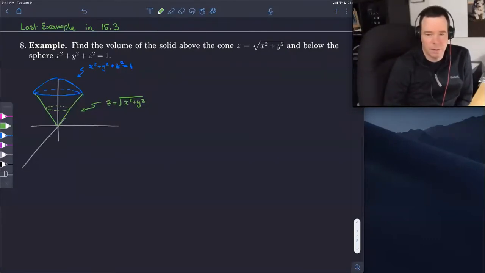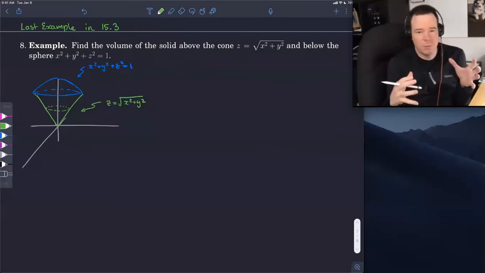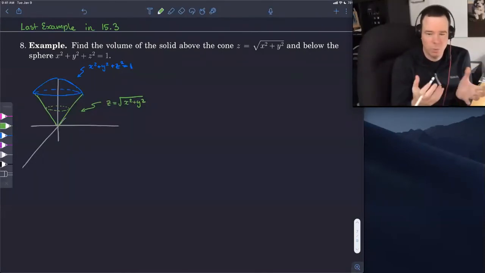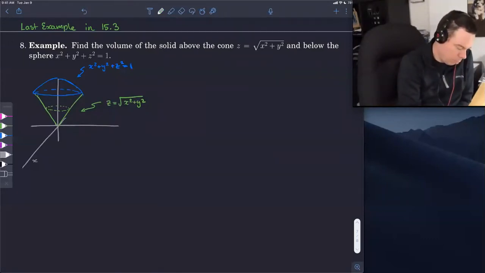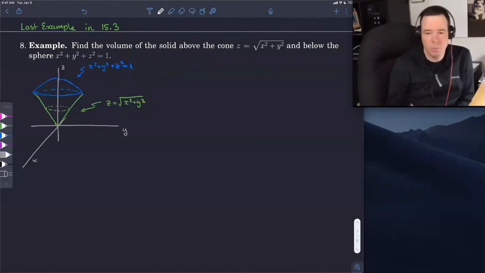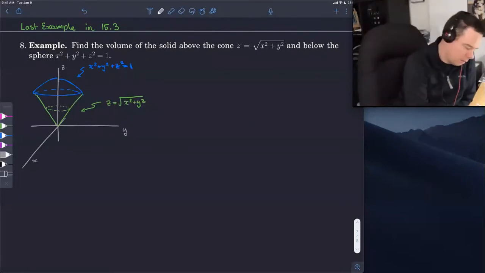We can look at it as the volume underneath the sphere between the xy plane and the sphere. And then we could take away the volume under the cone, above the xy plane. If we look at the difference of two regions, then we can see it as a volume computed by two different integrals.